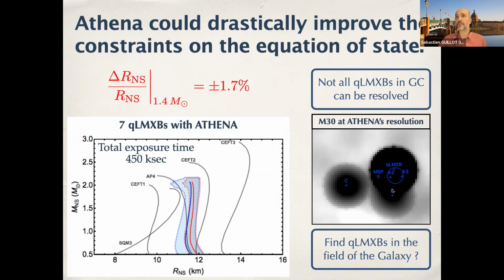All of those point sources that you see are sources in the globular cluster. The quiescent low-mass X-ray binary is the brightest one, but there are other sources that won't be resolved. Maybe one solution is to try to find quiescent low-mass X-ray binaries in the field of the galaxy. This is quite tricky, but there might be ways to do it.